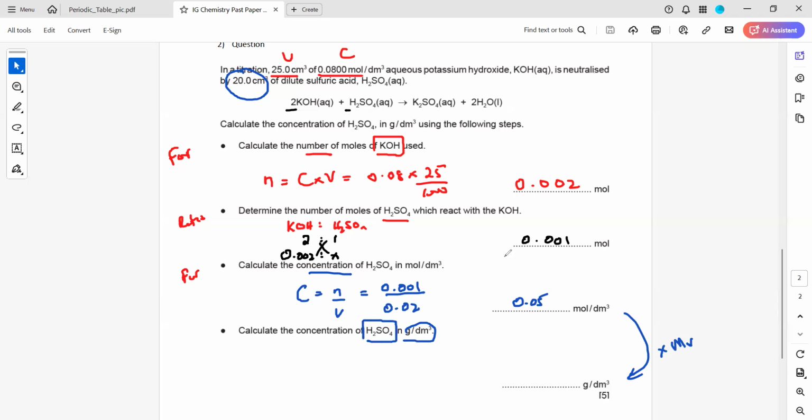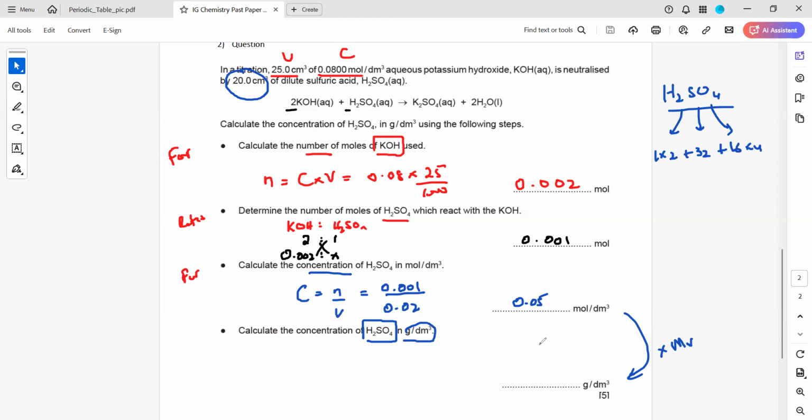You can use a periodic table for that. The molecular mass of sulfuric acid H2SO4: hydrogen is 1 multiplied by 2. Sulfur is 32, from the periodic table. And oxygen is 16 multiplied by 4. So 16 times 4, 64 plus 32, and then plus 2. 98. So the total will be 98.